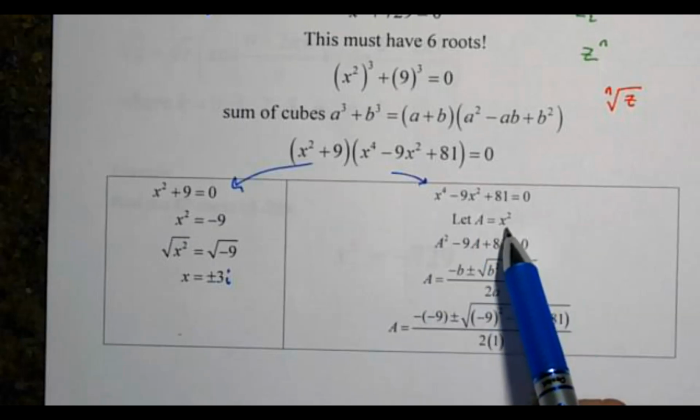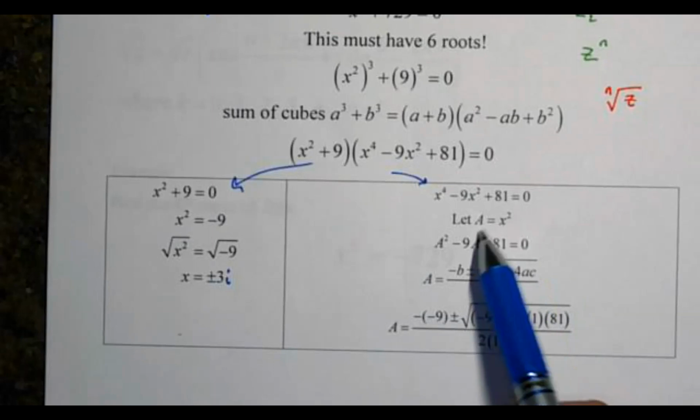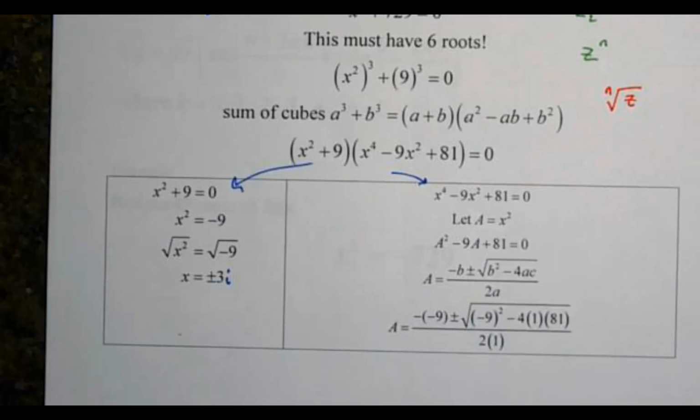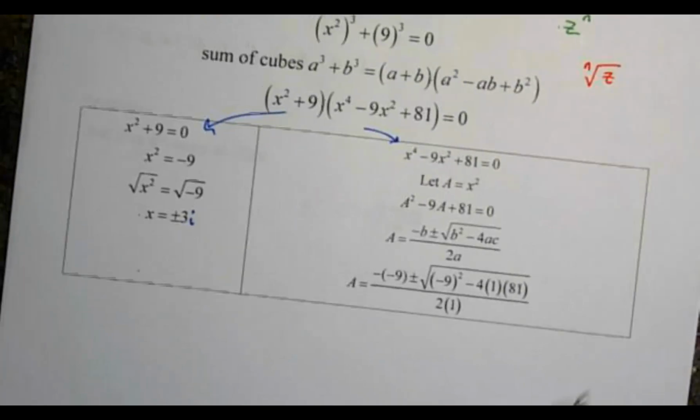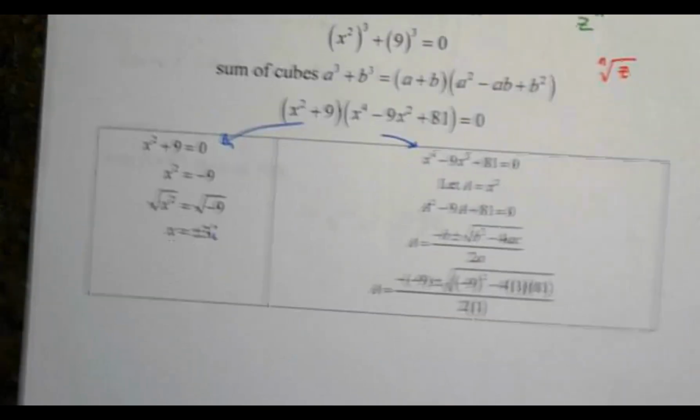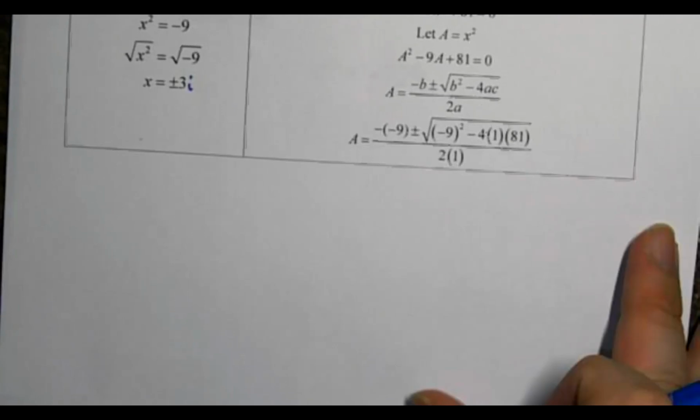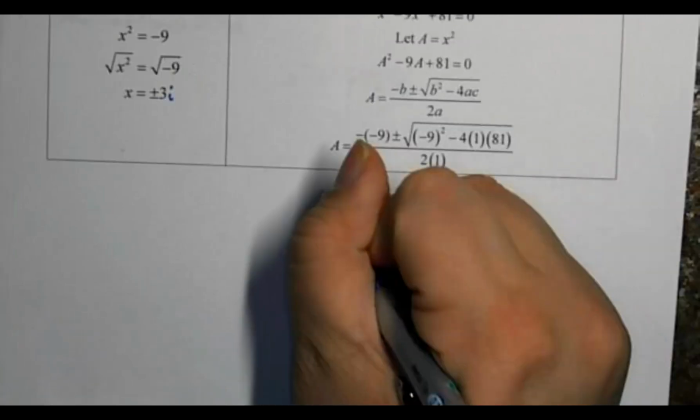What I need to do is use a substitution. So I'm going to let a equal x squared. So that's a squared minus 9a plus 81 is equal to 0. So now I can use the quadratic formula, and I would set this problem up. And then I would go through and solve it just like a quadratic equation from here.